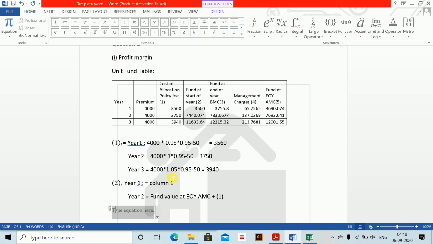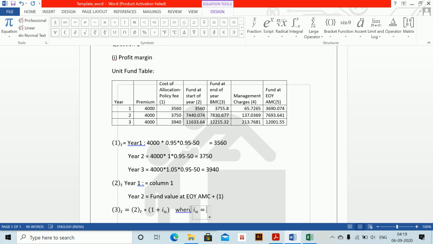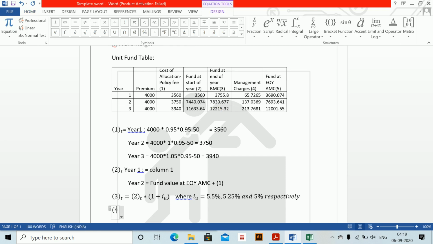Okay, next 3_t is equal to fund value at the end of the year before management charges, which is nothing but 2_t into 1 plus I_u, where I_u is equal to 5.5%, 5.25% and 5% respectively. Then 4_t is equal to management charges, which is 3_t into 1.75%.